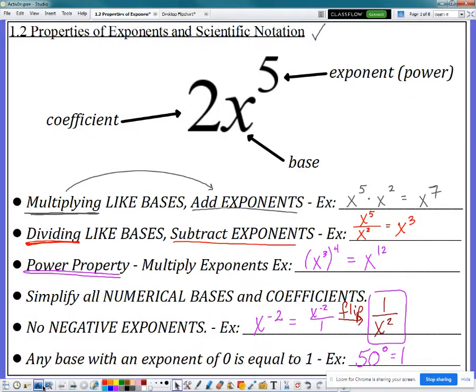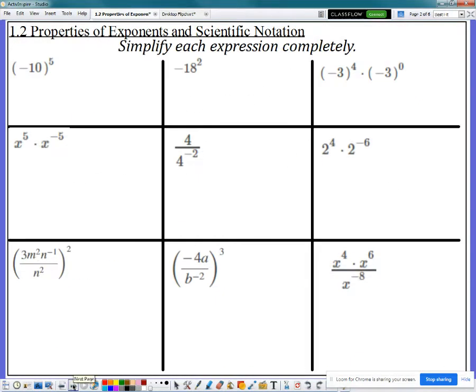All right. And now you can go to this lovely page, and I'm just going to number them 1 through 9. So 1, 2, 3, 4, 5, 6, 7, 8, and 9.